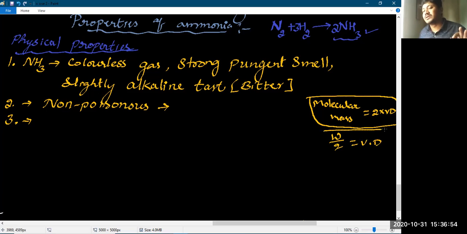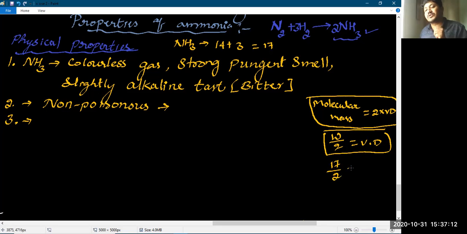So what is the molecular mass of ammonia? NH3 is made up of 1 atom of nitrogen, with mass 14, and 3 atoms of hydrogen, with mass 3. So the total is 17. The mass of ammonia, 17, divided by 2 gives the density.